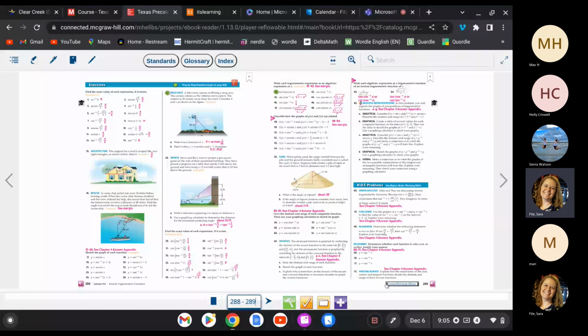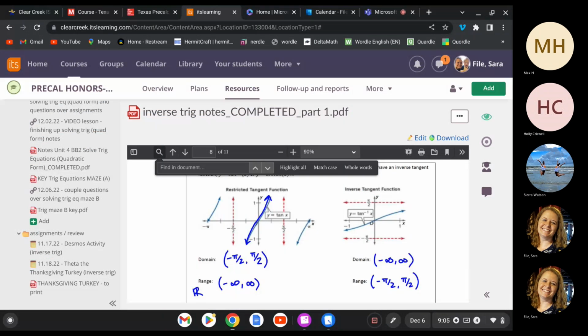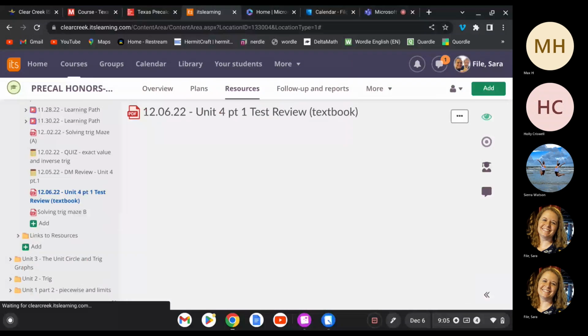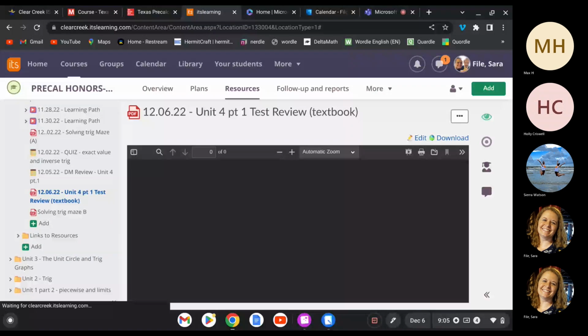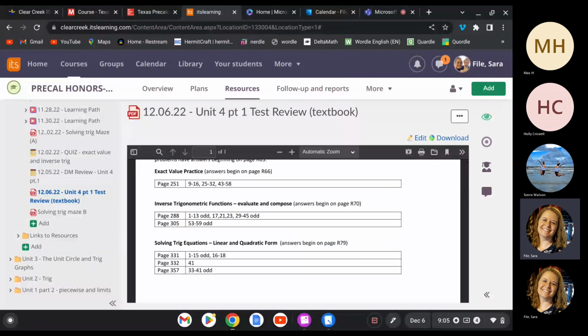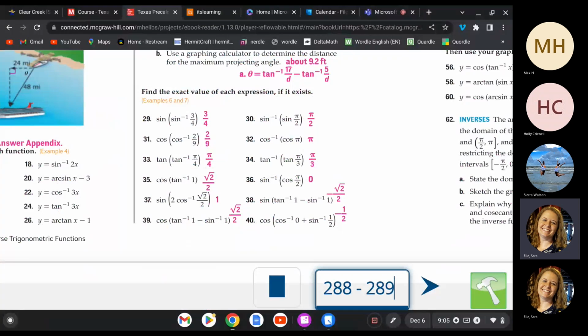Okay, and then the next ones, 29 through 45. So here, this section, 29 through 40.